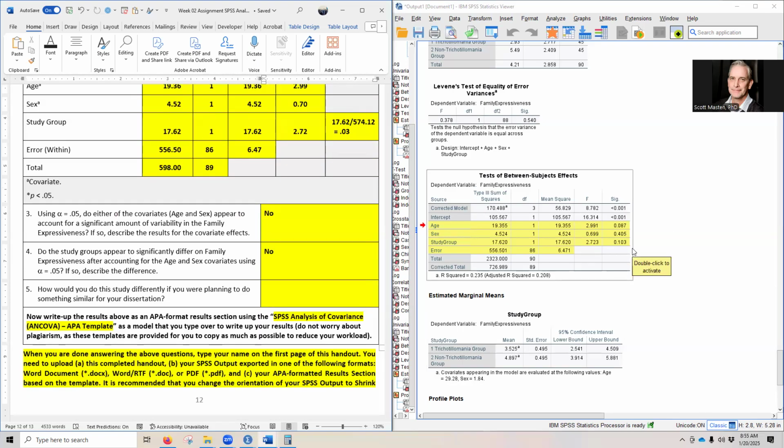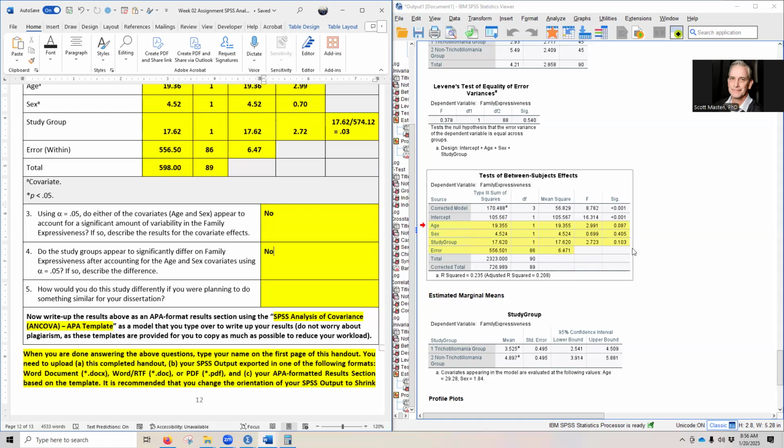But regardless, this poor lady found at this point that most of the differences between her trick and non-trick group were due to age and sex confounding. So to answer the last one here, how would you do this study differently if you're planning to do something similar for your dissertation? Well, the correct answer is something like: don't compare a trick group which has a different age and sex distribution to a group of undergraduates.